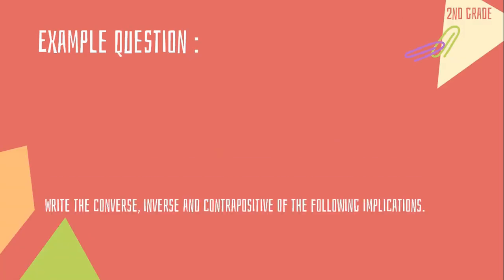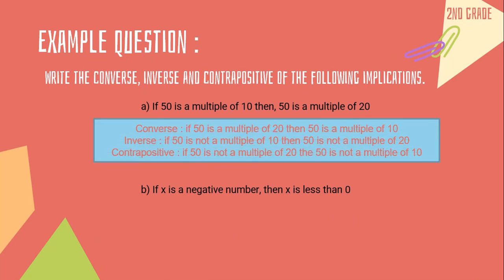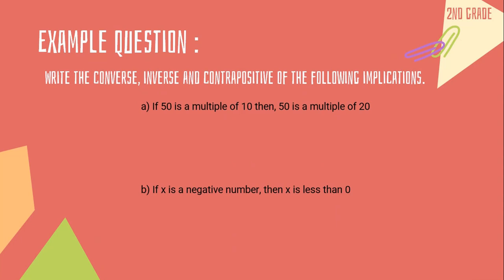So let's look into example questions. We have two questions. First, if 50 is a multiple of 10, then 50 is a multiple of 20. So we write the converse, inverse, and contrapositive.